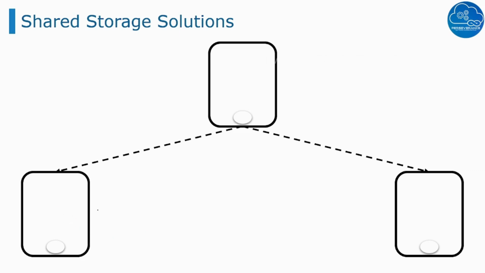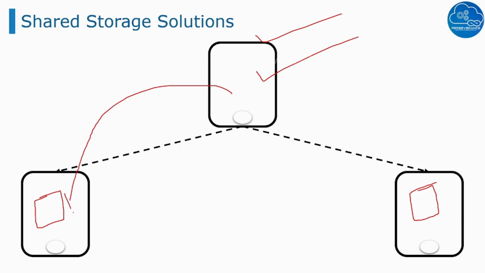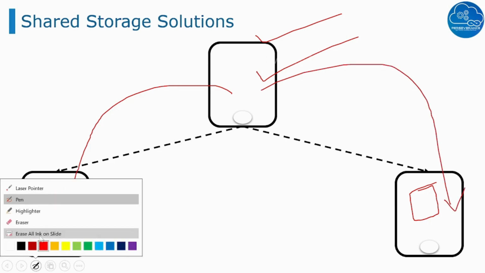So instead of handling the data within the servers, we should have a centralized solution where the data will actually be, and this will be automatically synced to the required servers. So this model is required.